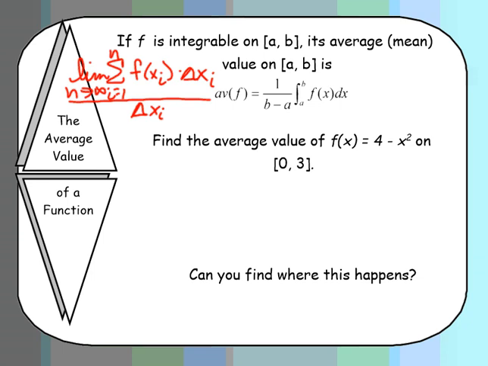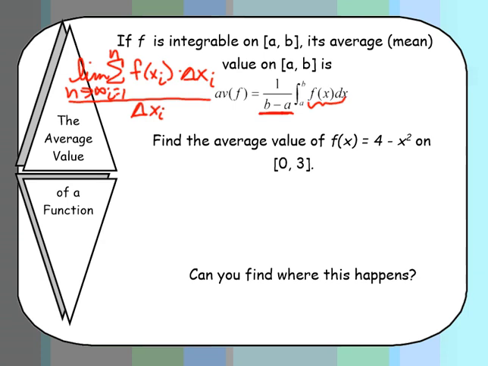And what is delta x? Generally b minus a over n. In this case, we're going to look at it as just that b minus a, because that's going to take care of finding the average. This is going to add them all up, and then this is going to divide by how many there are, because that's the distance, isn't it?